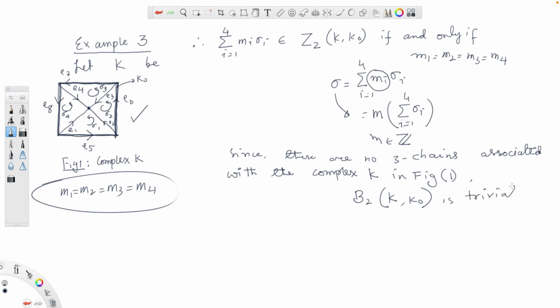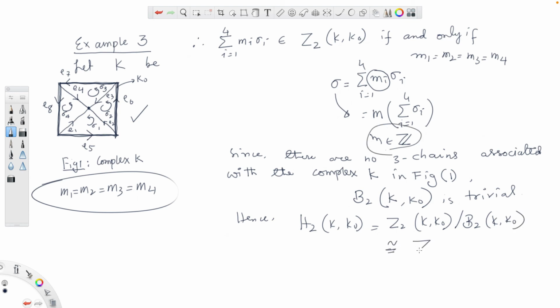This guy is trivial, hence one finds that H2 of K comma K0 is equal to Z2 of K comma K0 modded out by B2 of K comma K0. We have seen that this is isomorphic to Z, and hence this guy is isomorphic to Z. This is our equation number 4.